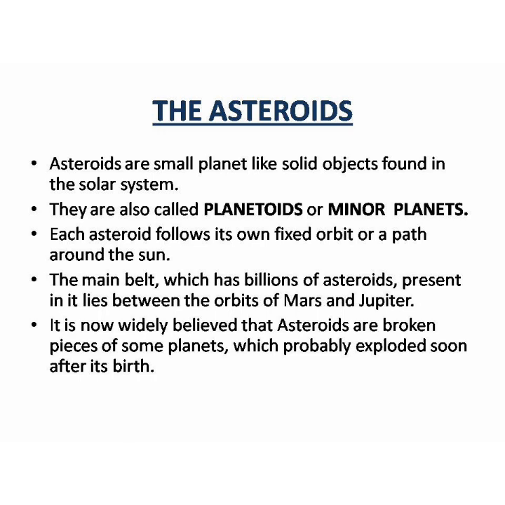It is believed that asteroids are broken pieces of some planets which probably exploded soon after their birth. Those broken pieces then get together and form an asteroid. So they are broken pieces of small planets. Now we can see that asteroids are irregular in shape.